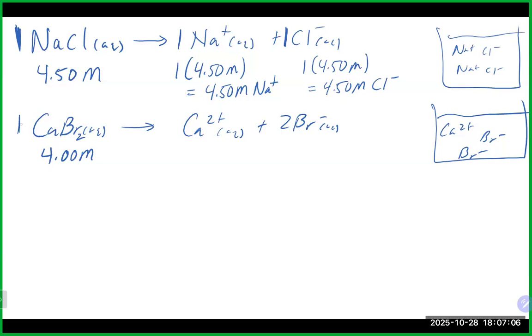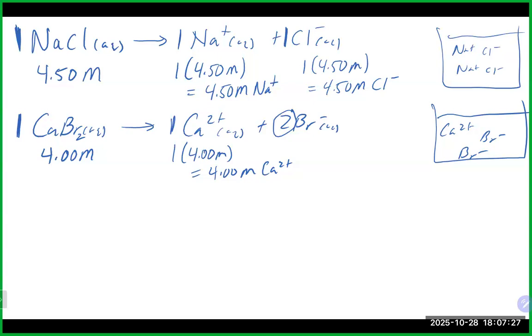This is a 1-to-1 relationship between the whole thing and just the calcium ions, which means the concentration of the calcium ions in this case would actually be 4 molar. But when we look at the bromide, it is a 1-to-2 relationship.